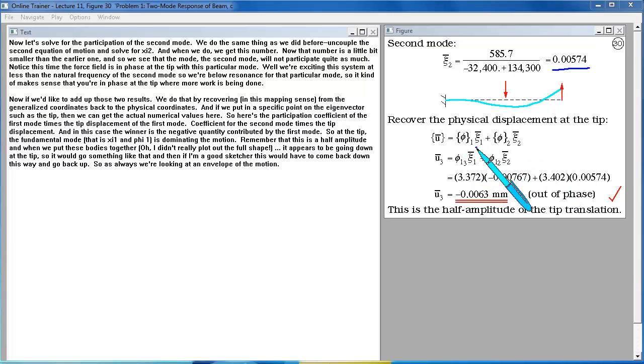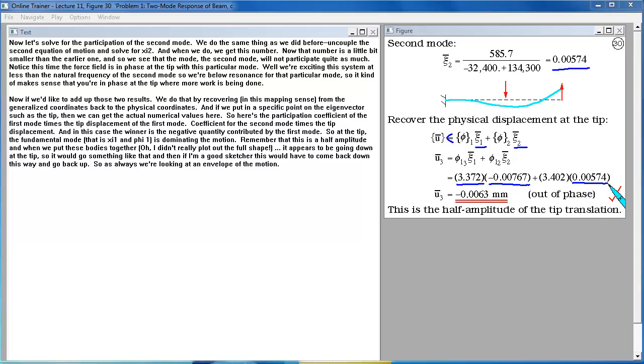Now if we'd like to add up those two results, we do that by recovering, in this mapping sense, from the generalized coordinates back to the physical coordinates. And if we put in a specific point on the eigenvector such as the tip, then we can get the actual numerical values here. So here's the participation coefficient of the first mode times the tip displacement of the first mode.